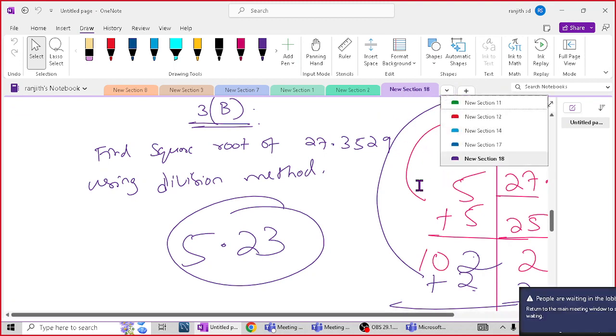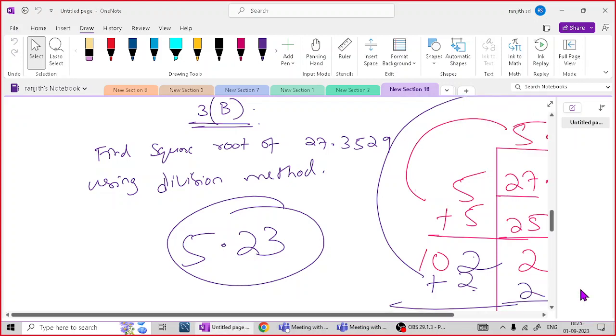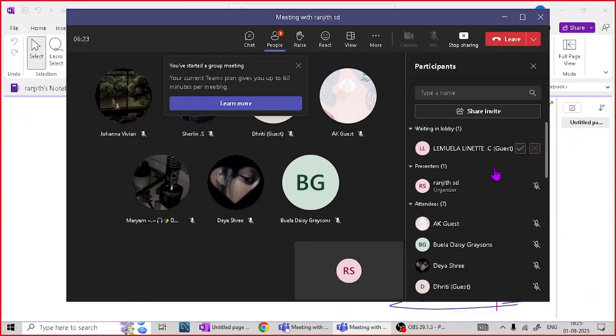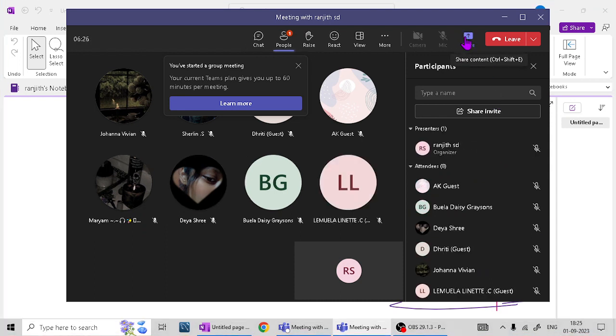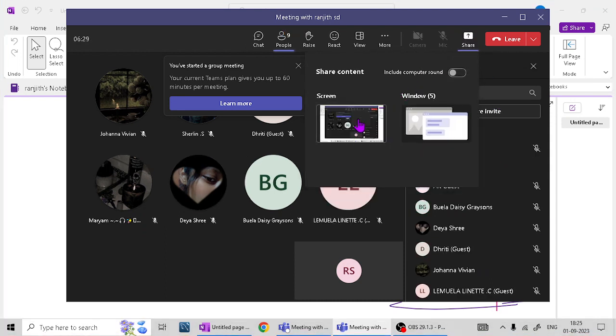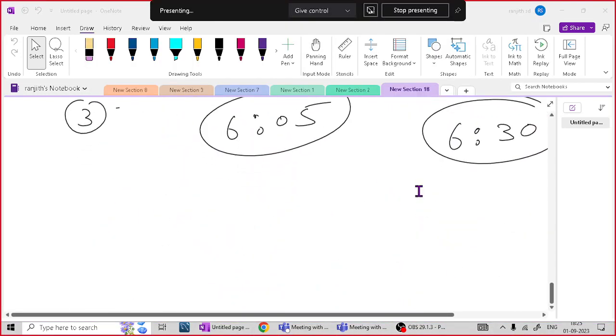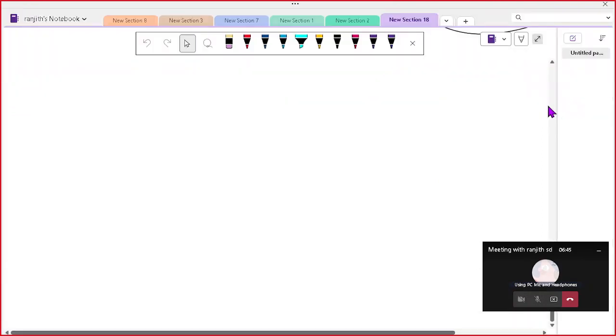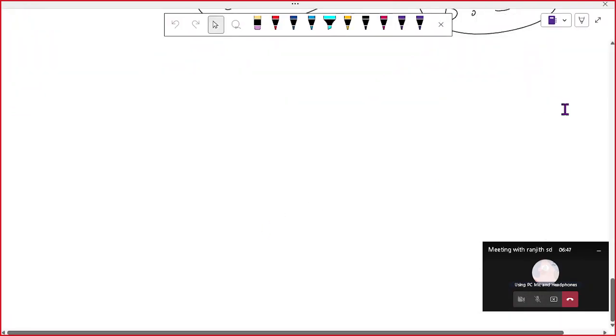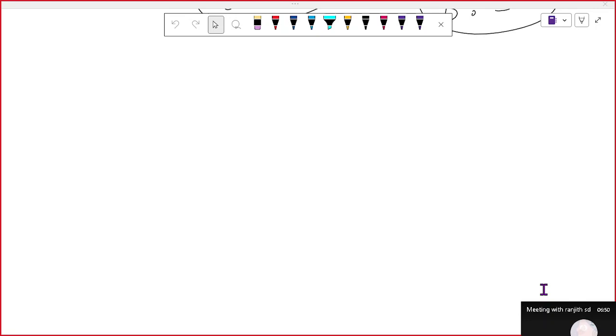Open page 9, all of you. Open page number 9, students. Rational numbers.